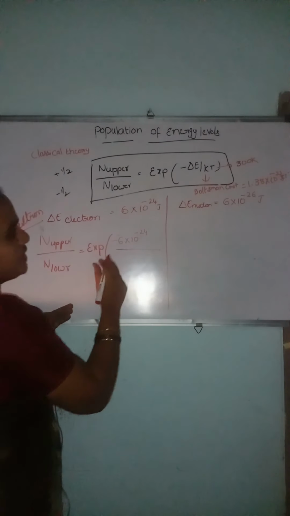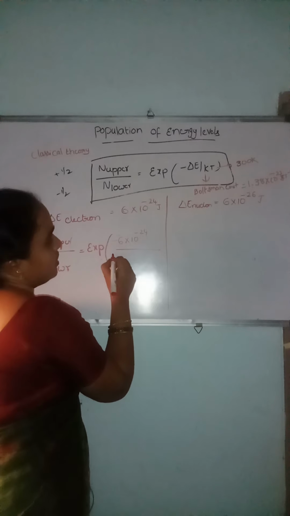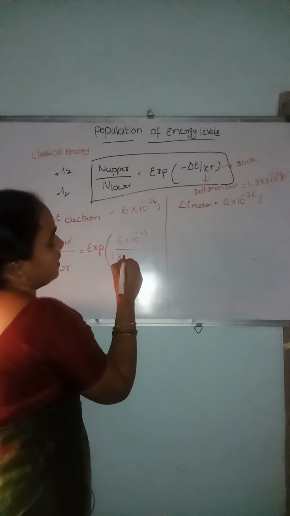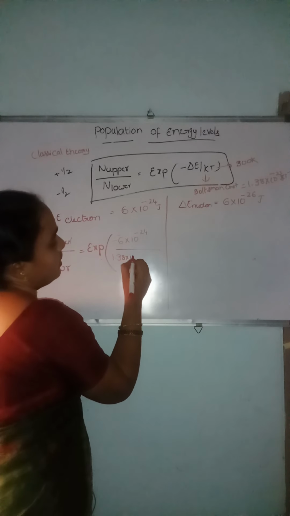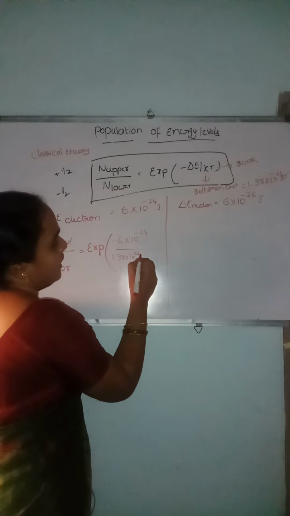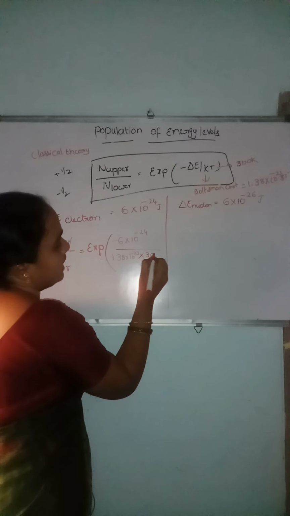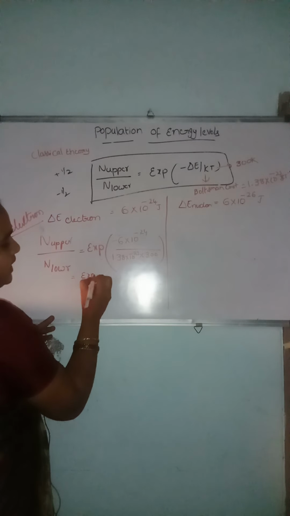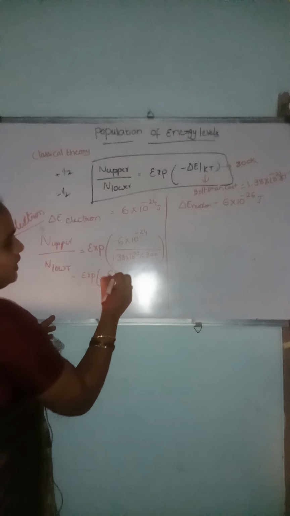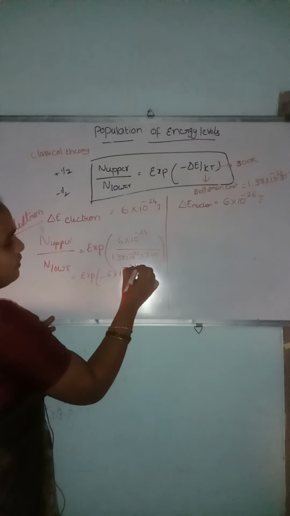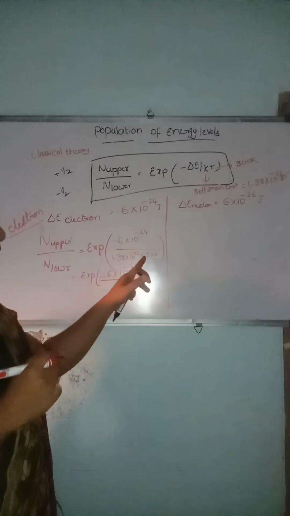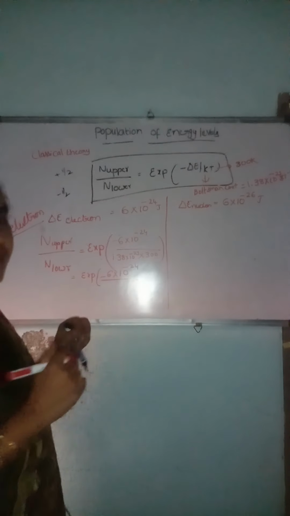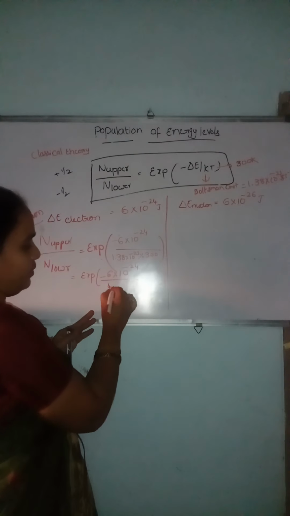So by substituting these values, Boltzmann constant is 1.38 into 10 power minus 23, the room temperature is 300. Exponential of minus 6 into 10 power minus 24 divided by 3 into 1.38, which is nearly 4.2.